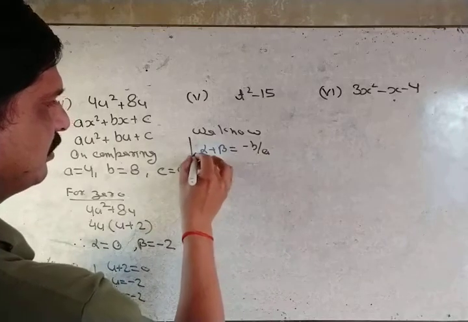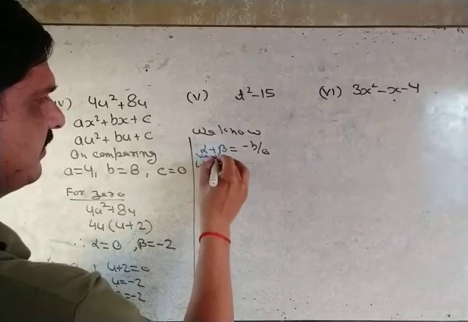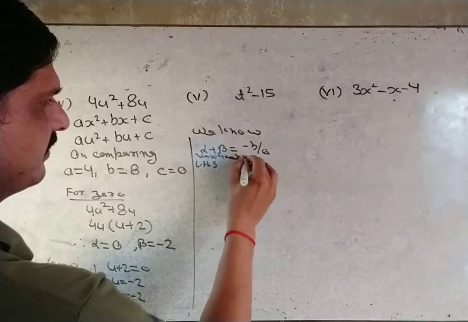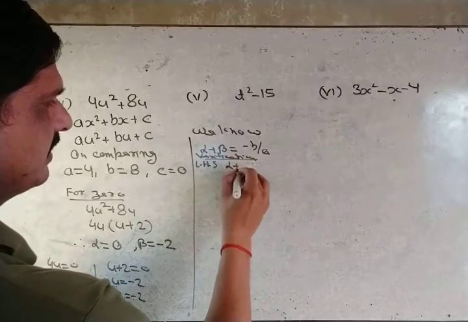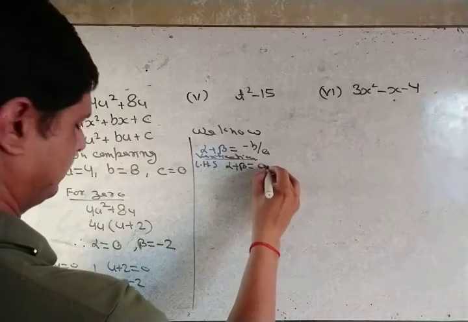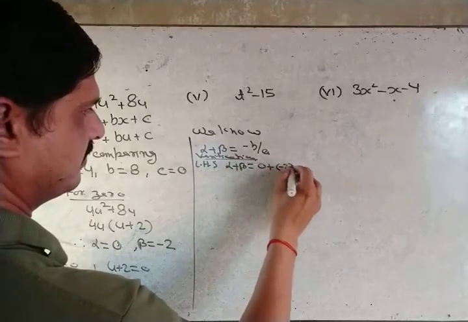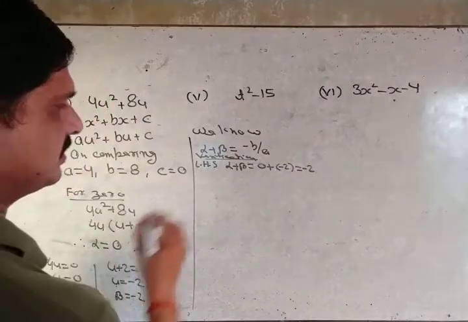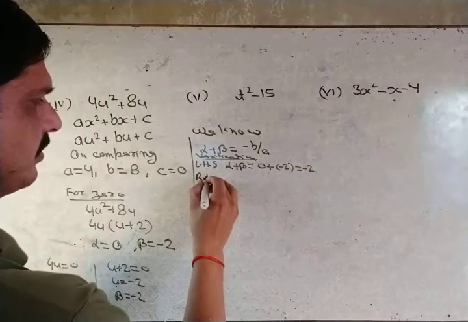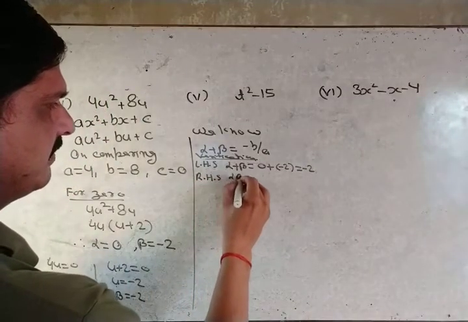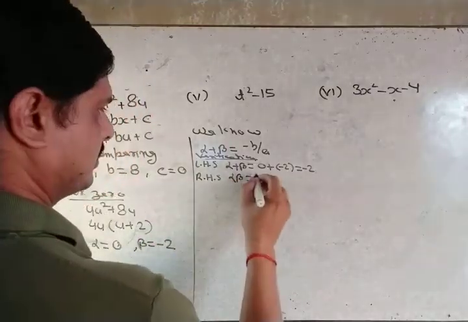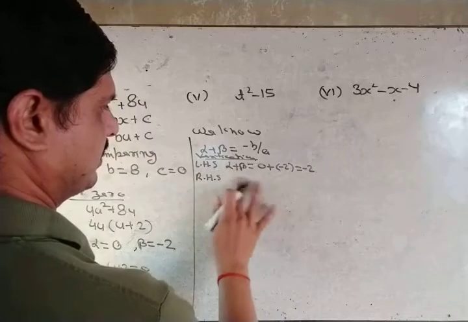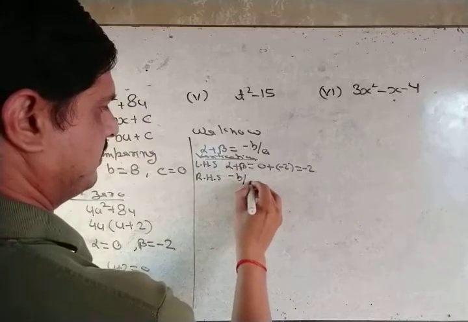LHS, यहीं पे हम लोग वेरिफिकेशन कर रहे हैं. LHS is alpha plus beta, that is 0 plus minus 2, which is minus 2. RHS is minus b by a.